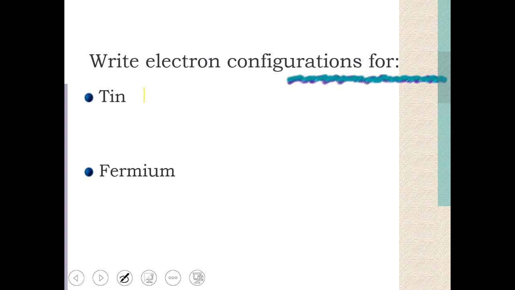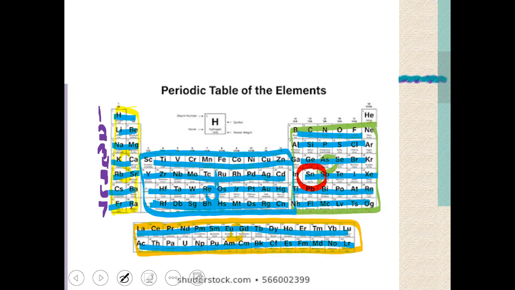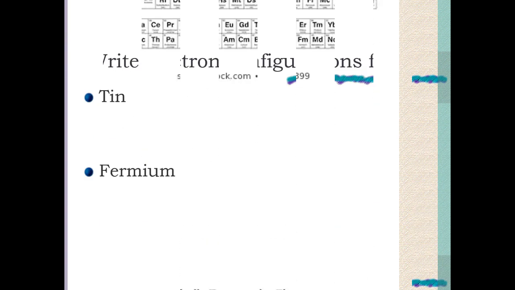We have 1s2, 2s2, 2p6. Look, we've done the 1s2, the 2s2, and the 2p6. What's next? 3s2, 3p6.